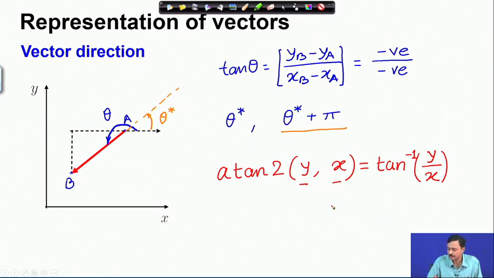It will look at the sign while giving you the angle, and when you do use this A tan 2 function, it does tangent inverse and gives you the angle in the proper quadrant. So, the angle that you will get will be in the proper quadrant. So, you should be aware of this function A tan 2.